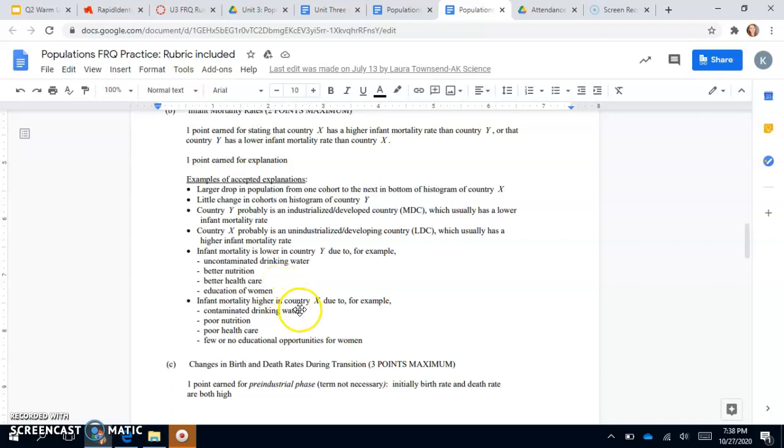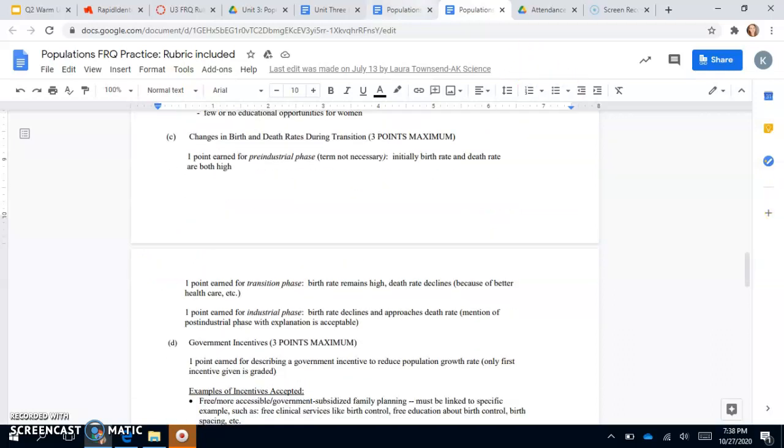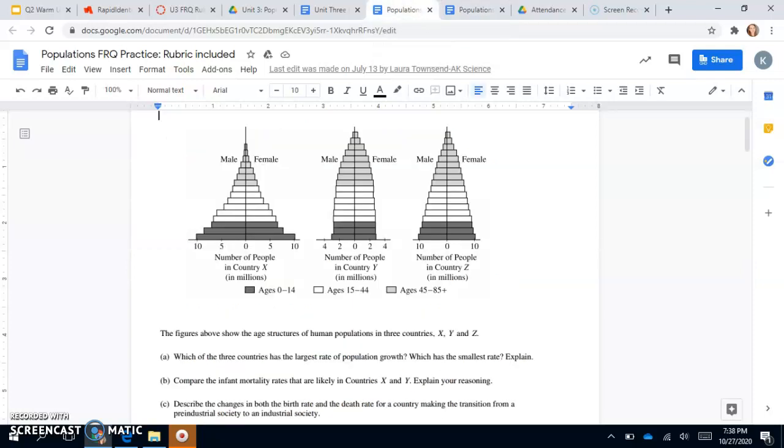And then in that developing country, in country X, you are more likely to have contaminated drinking water, poor nutrition, poor health care, few or no educated opportunities for women. And all of those can lead to higher infant mortality rates. This one's probably, you guys are probably doing pretty good on this one. This one's a little bit easier.